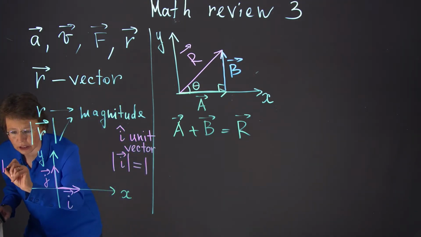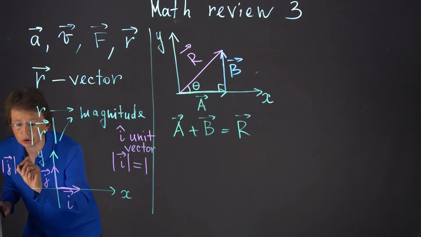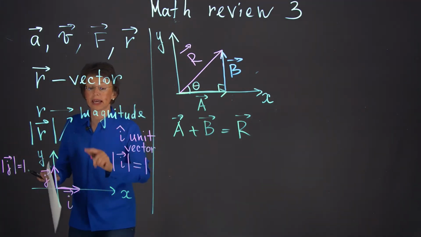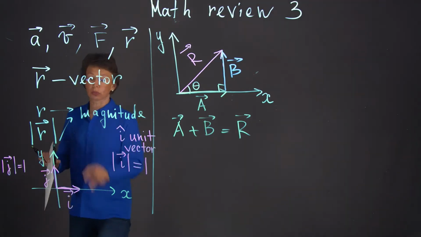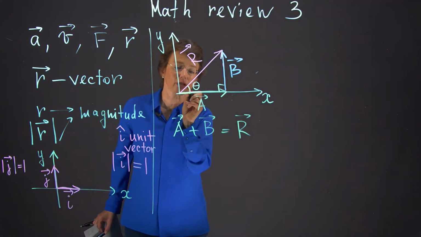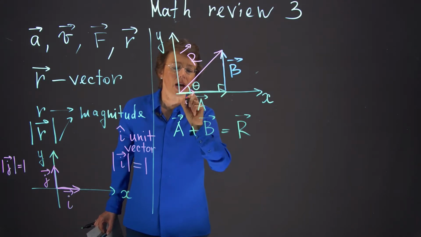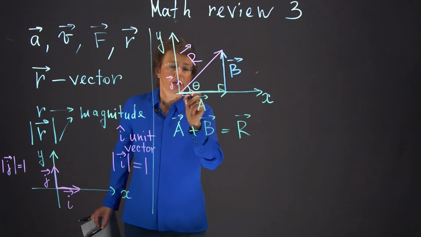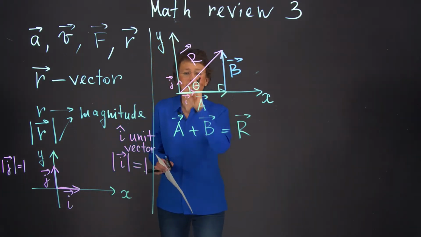So what's magnitude of j? Magnitude of j is 1. Length of vector j is 1. And by definition, it is always along y. So I bring these two vectors here. Unit vector i and unit vector j. Oh, I forgot the arrow. i and j.